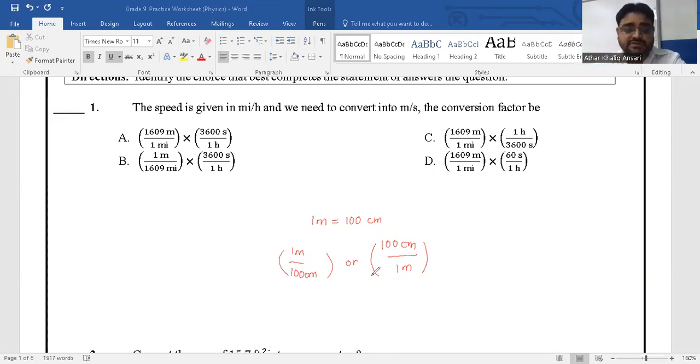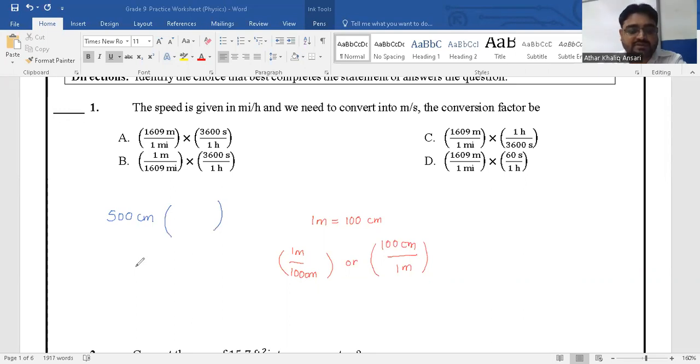How can we use this to convert units? For example, if I have 500 centimeters and I want to convert 500 centimeters into meters, I will write 500 centimeter and multiply it by the conversion factor.